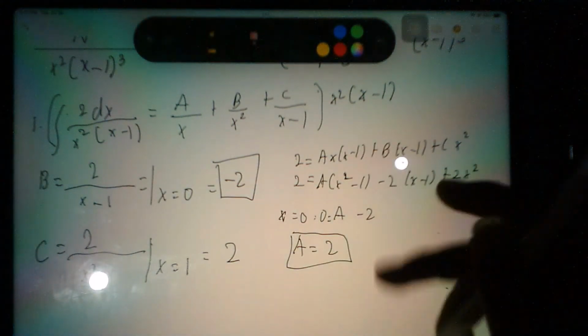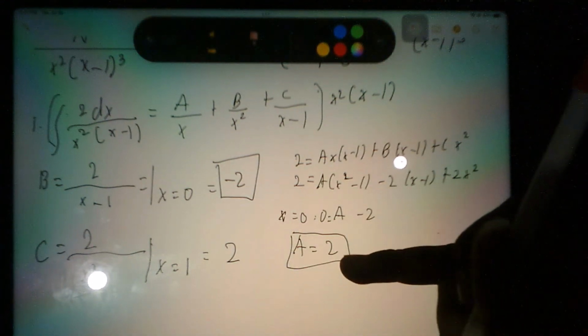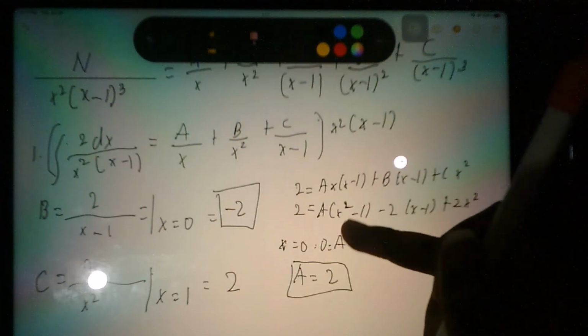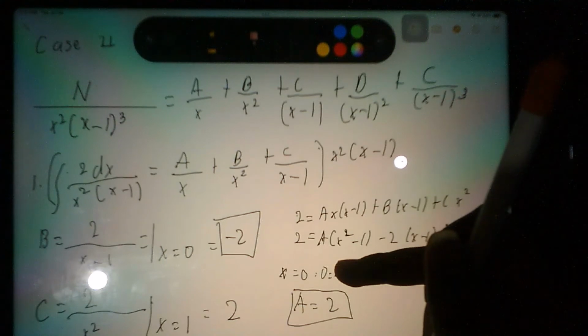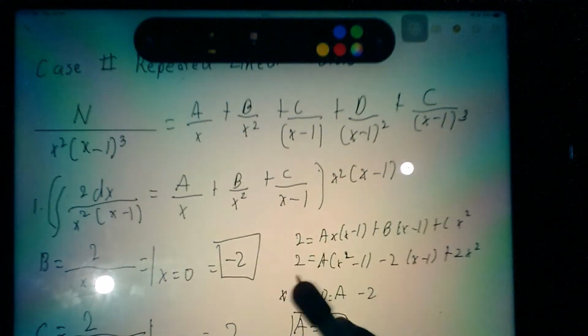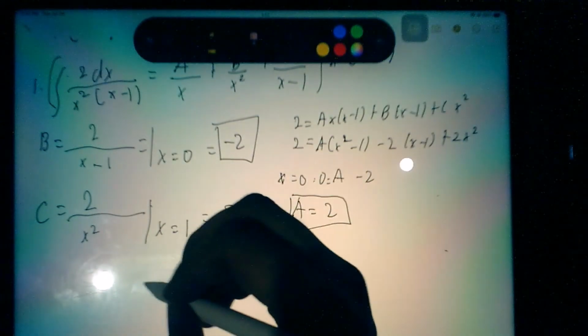So now we have our values for our problem here. So let's rewrite that here.